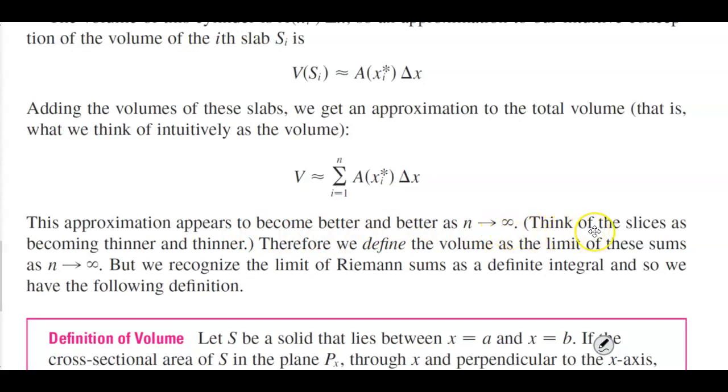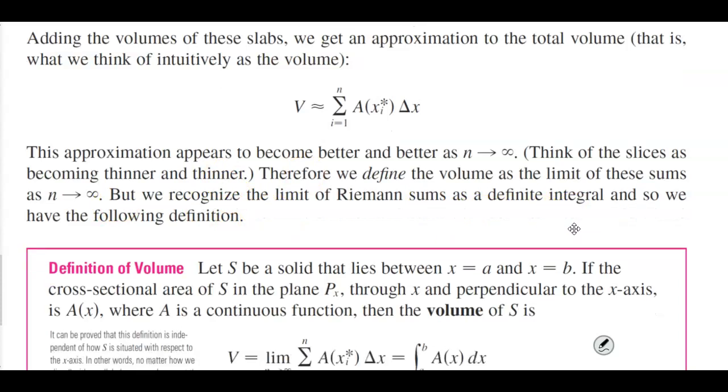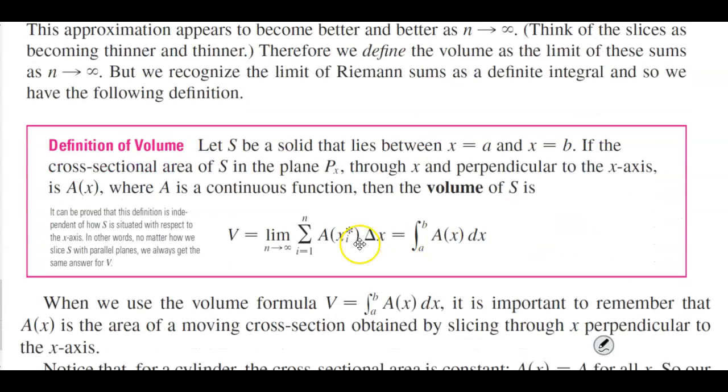This approximation appears to become better and better as n approaches infinity. Think of the slices as becoming thinner and thinner, and therefore we define the volume as the limit of these sums as n approaches infinity. But we recognize the limit of Riemann sums as a definite integral, and so we have the following definition. The definition of volume: let S be a solid that lies between x equals a and x equals b.